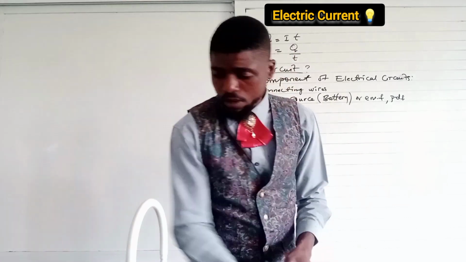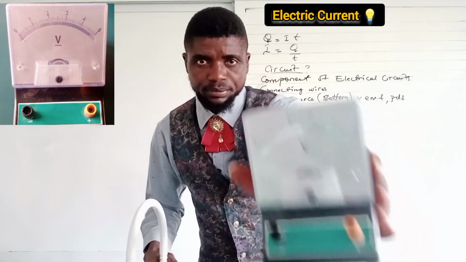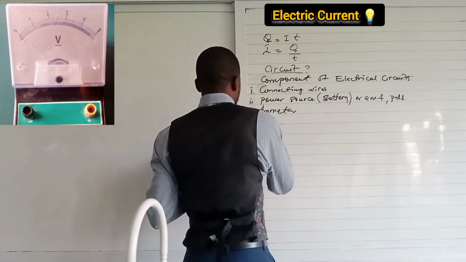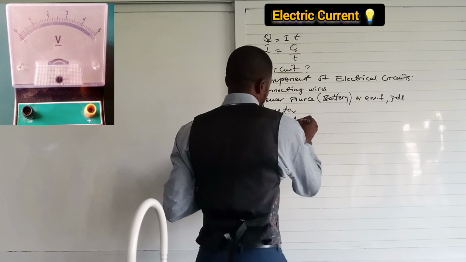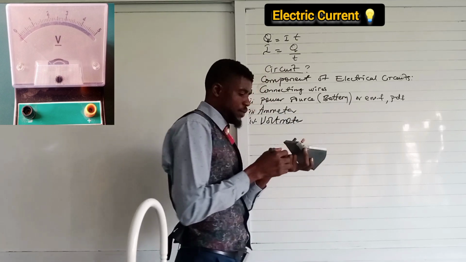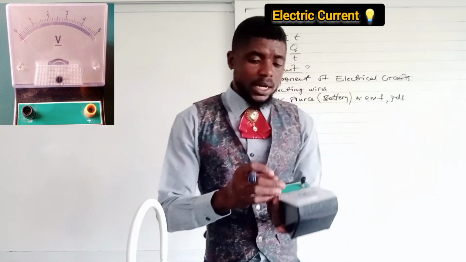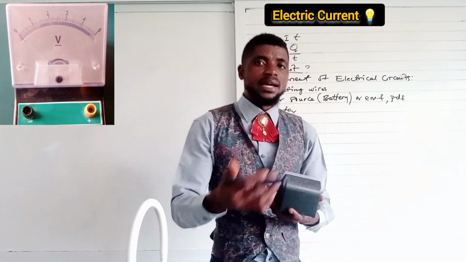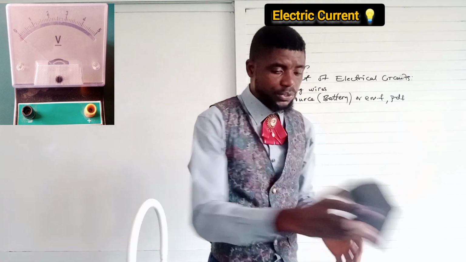The next component we are going to look at is the voltmeter. What is the function of the voltmeter? The voltmeter does the work of measuring the EMF, the potential difference in the circuit.